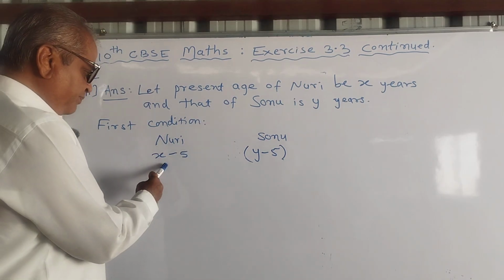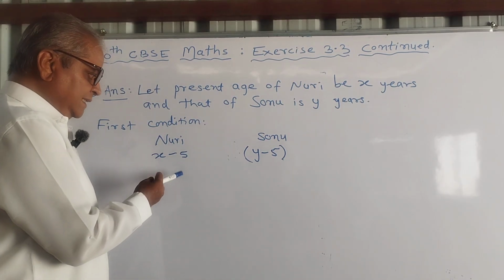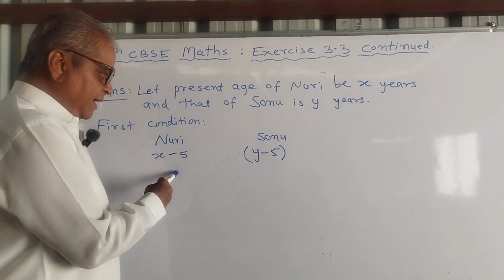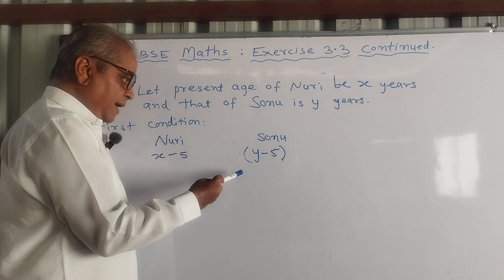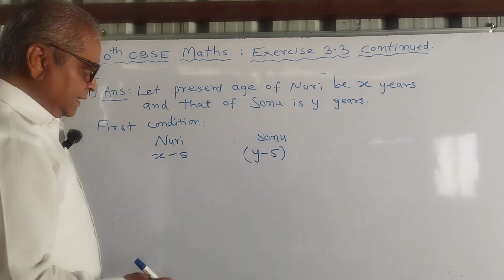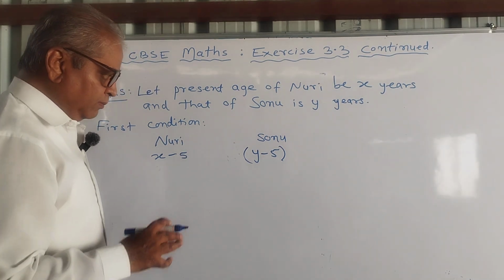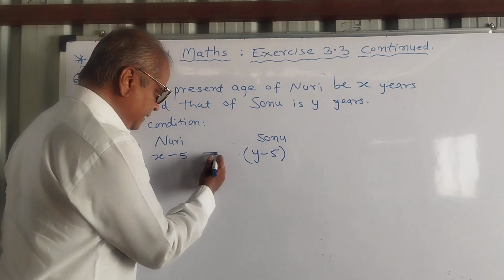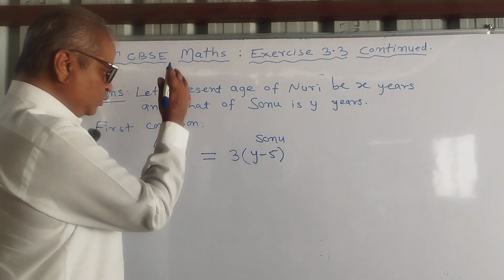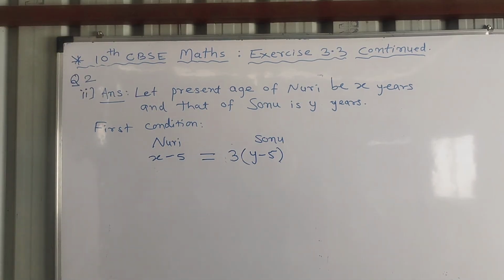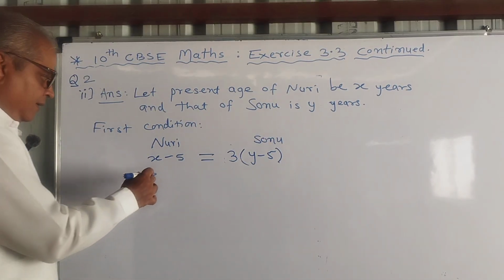So 5 years ago Nuri will be x minus 5 years and Sonu was y minus 5, but they are not equal. To form the equation I need to equate them, and to equate them I need to multiply age of Sonu by 3. Now solve this.